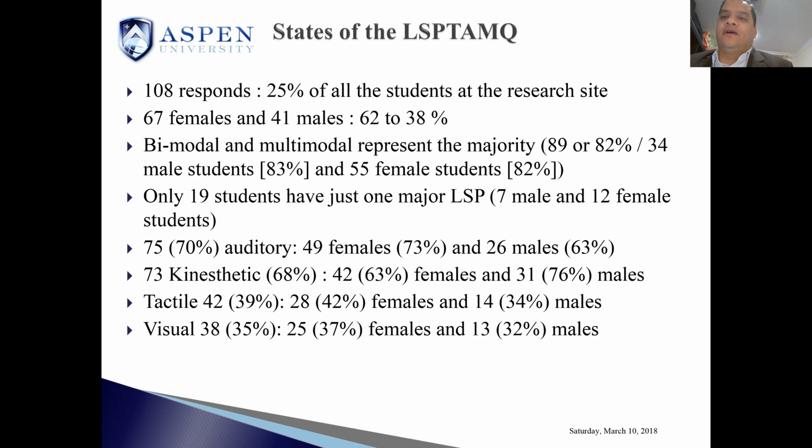This means that there are more females who prefer the auditory learning style. The next preferred learning style is synthetic, which is 68%, because 73 students out of 108 preferred this learning style. 42 are females and 31 are males.